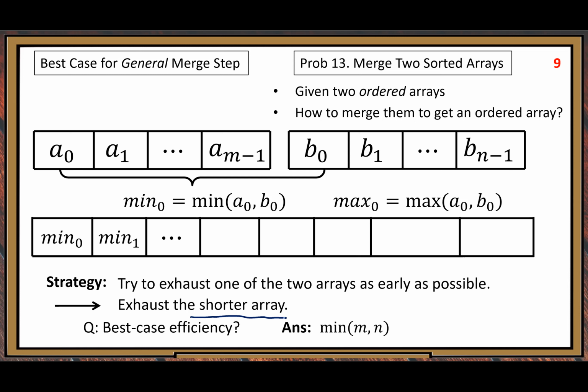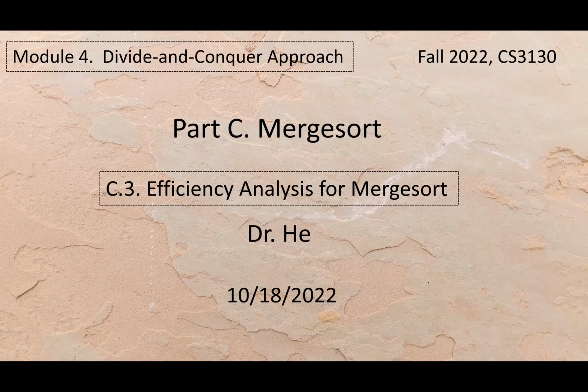When that happens, we only need to do the minimum of the two array sizes, m and n, comparisons, because you exhaust the shorter array with this many comparisons. So for the general case, we need this many comparisons. Here we complete the general case.